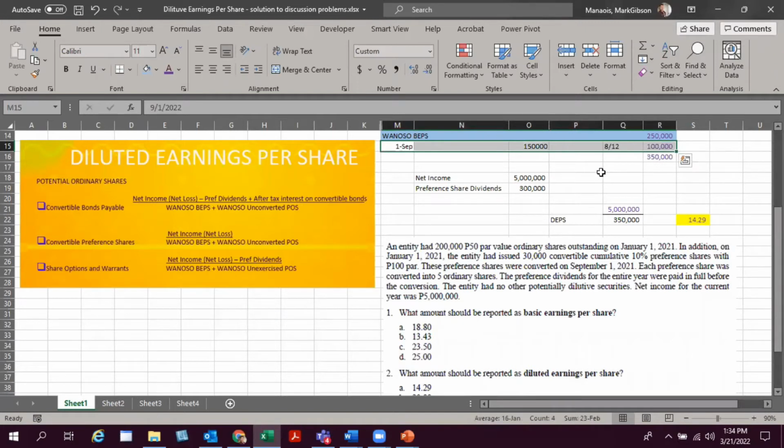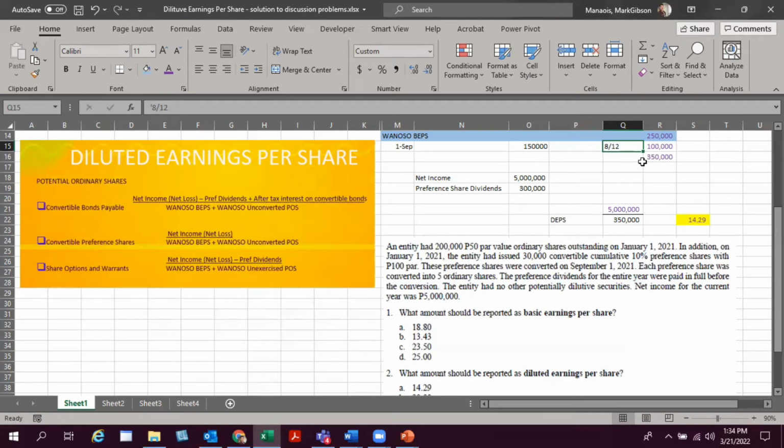Pag-usapan ngayon natin yung unconverted potential ordinary shares. Pansinin mo lang naman dito, it's still 150,000. Pero pansinin mo dito, this is the number of months where the convertible preference shares are not yet converted.